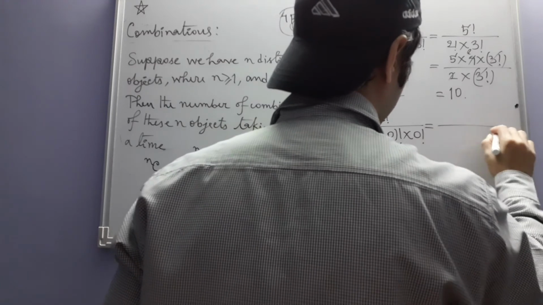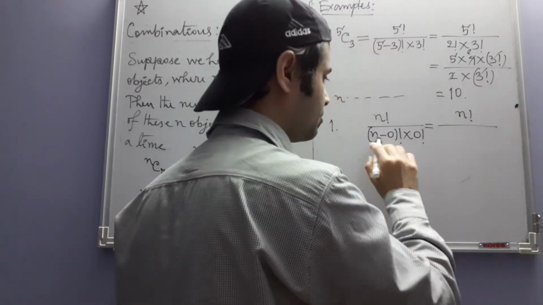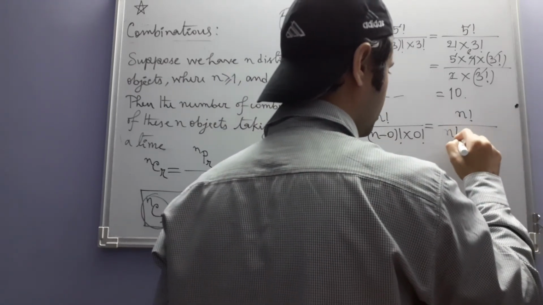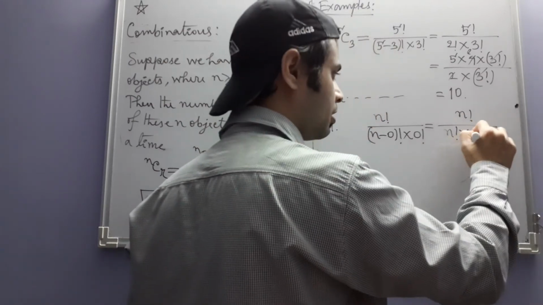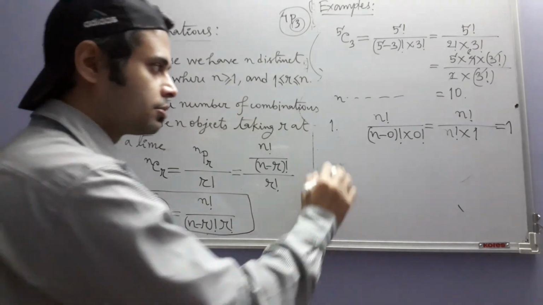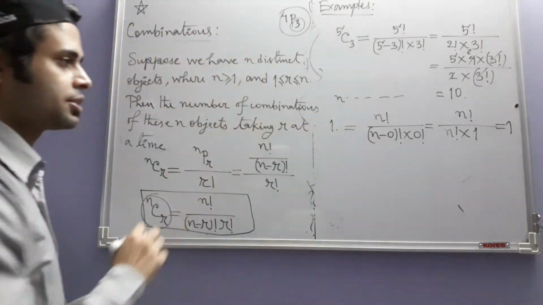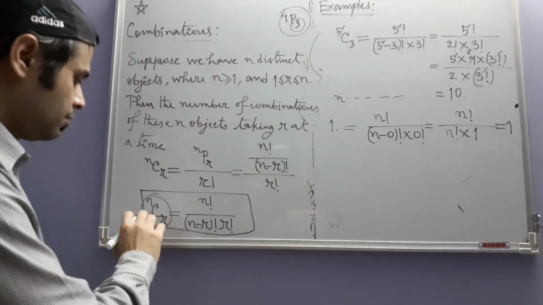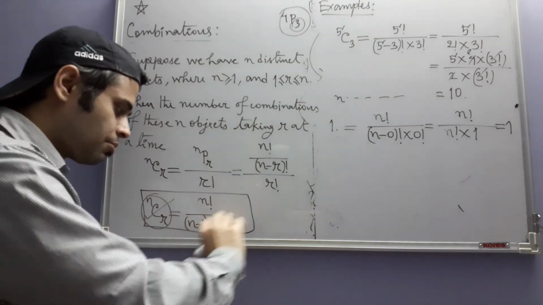So separately, the right hand side is n factorial divided by n minus 0, which is n, times 0 factorial, which is 1. So these two cancel out and they give me 1.